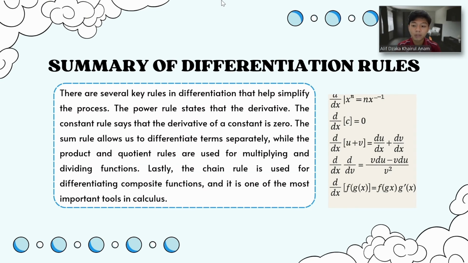The sum rule allows us to differentiate terms separately, while the product and quotient rules are used for multiplying and dividing functions. Lastly, the chain rule is used for differentiating composite functions, and it is one of the most important rules in calculus. Next.